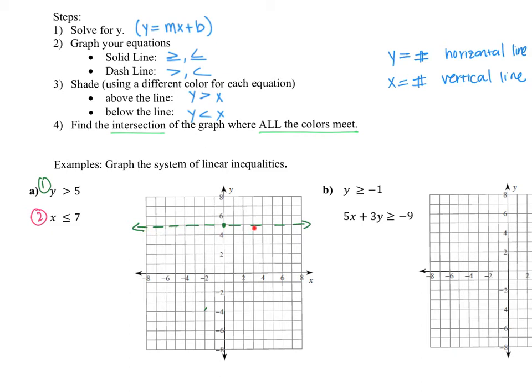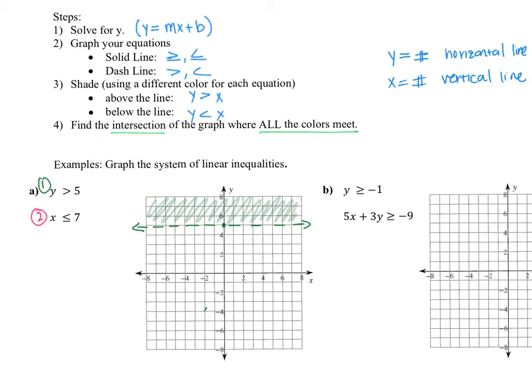So here's y equals 5. Now this inequality says that y is greater than 5. So if y is greater than 5, you want to shade above. Well, it's because all the numbers that are bigger than 5 for y are up here. So we're going to shade above our horizontal line.